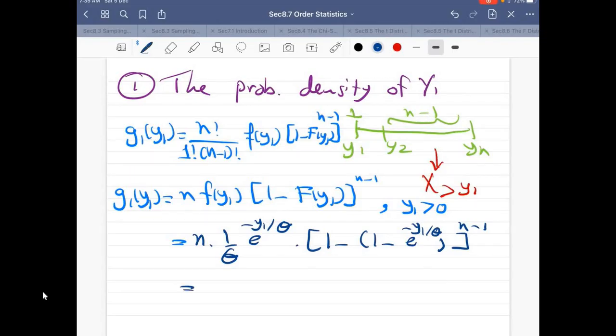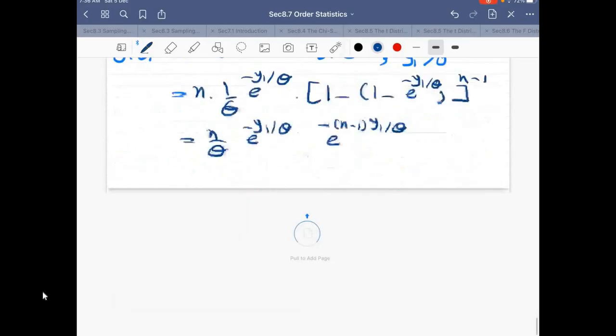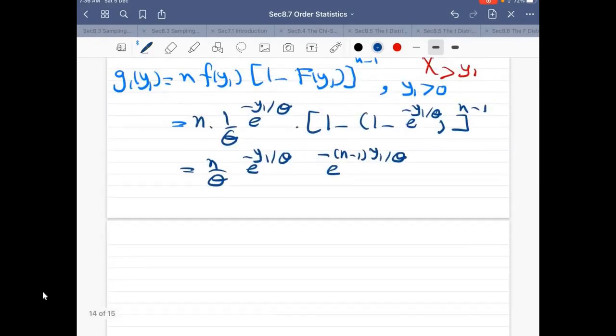Okay, so I will get the answer as n over theta e power minus y1 over theta. Here simple algebra: 1 will cancel 1, and minus into minus will be positive, and then I multiply power by power, I get e power minus n minus 1 into y1 over theta. Okay, and then I simplify further, I add the powers together.